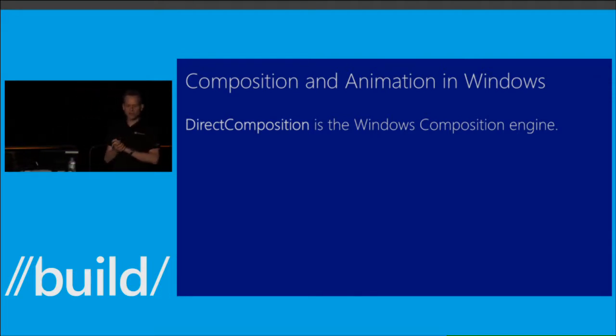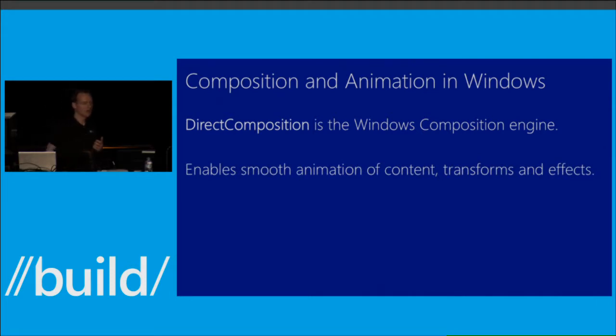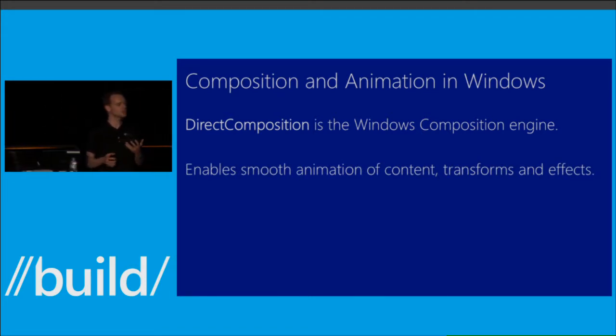So direct composition is a member of the DirectX family, and it offers a number of interesting capabilities, and we'll look at these in a bit more detail. The first is it offers GPU-accelerated animations that have been tuned to work well on a broad range of devices. They can be coordinated, so it's easy to build the kind of staggering effects that you see in the Start menu. And they also run independently of the UI thread, and this is a key capability that I'll show an example of.